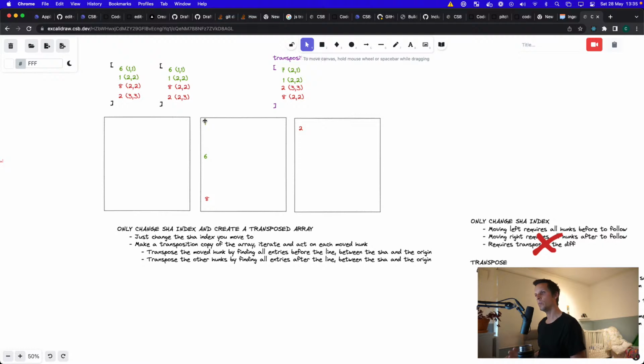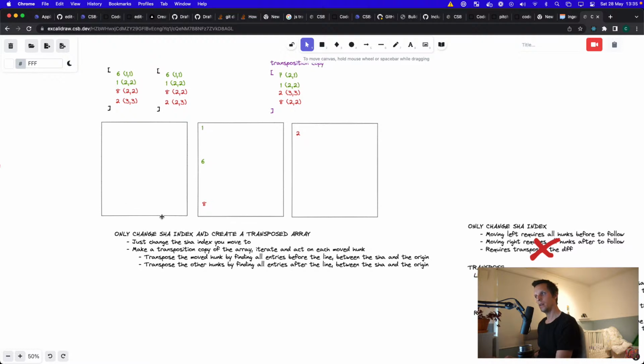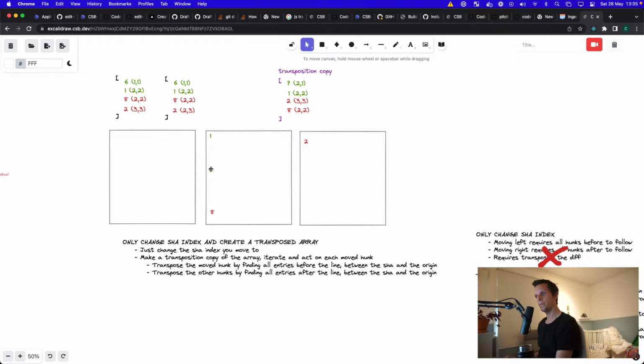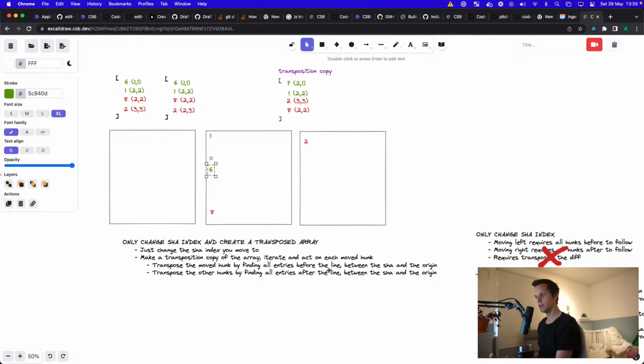So what we really did is that we kind of tried to collect all the entries from where it originated from to where it is. That's what we did. That's how it transposed itself. Okay, let's use that. Transpose by finding all entries from its origin position to its current position. That's basically what we're doing.